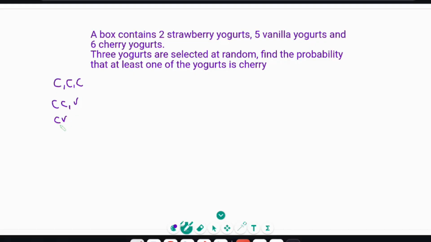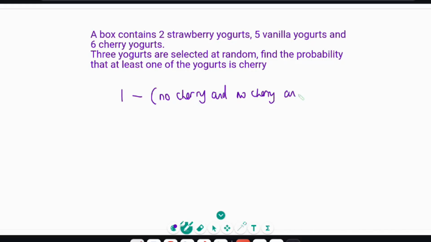So let's just do it using the 1 minus method. So it's 1 minus no cherry, because that's the opposite of getting a cherry. And no cherry. And no cherry. Just way easier to do like this.